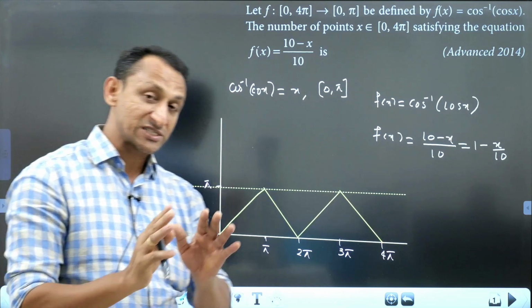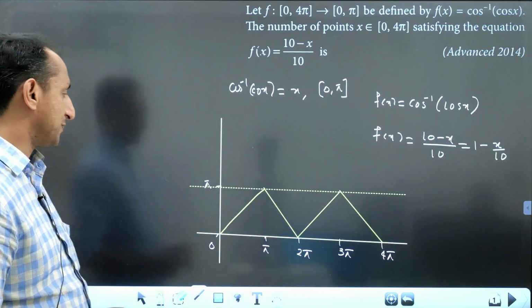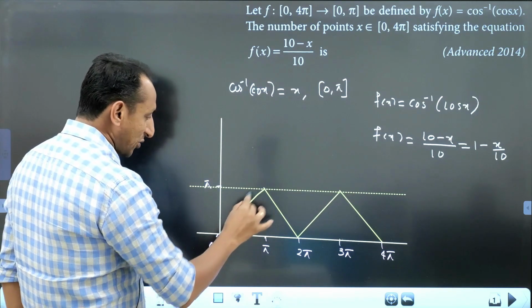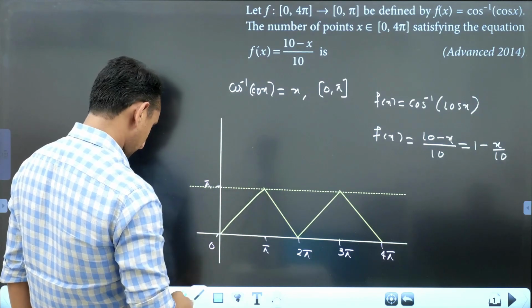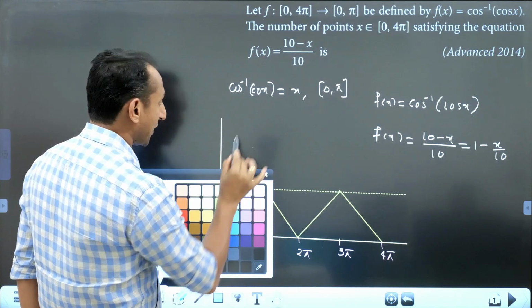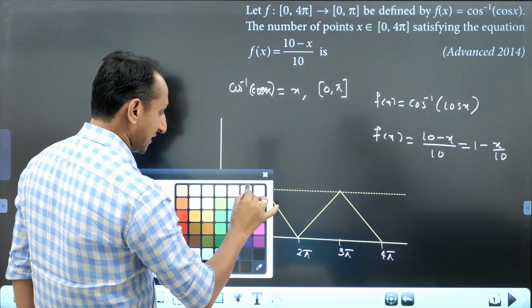This function is periodic with period 2 pi. From 0 to pi, cos inverse of cos x is x.